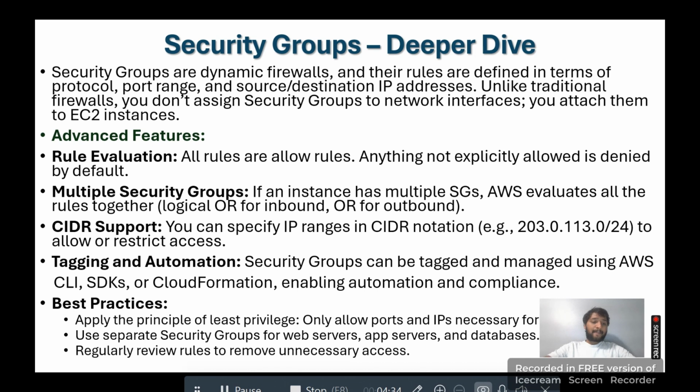Best practice: apply the principle of least privilege. Only allow ports and IPs necessary for use. Use separate security groups for web server, app server, and database. Regularly review to remove unnecessary access.